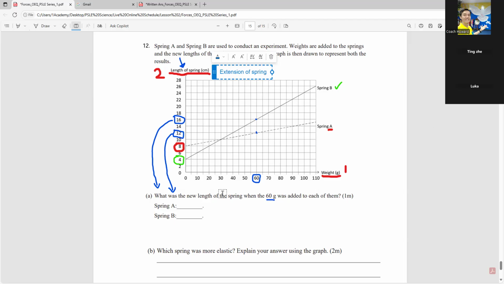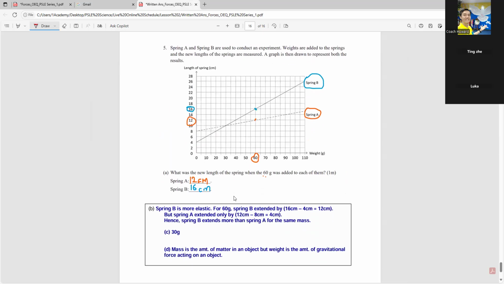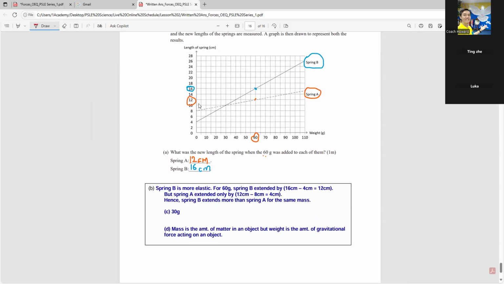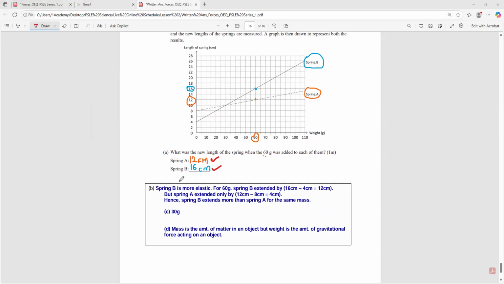But now they ask you, what is the new length? So you just automatically transfer the answer. Okay. So if you transfer the answer correctly, you'll get this. So spring A will be 12 centimeters and B will be 16 centimeters. Clear? So this part, I will screen share. And then you can take down the answer for this section.